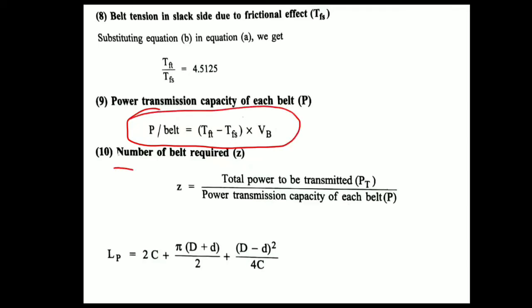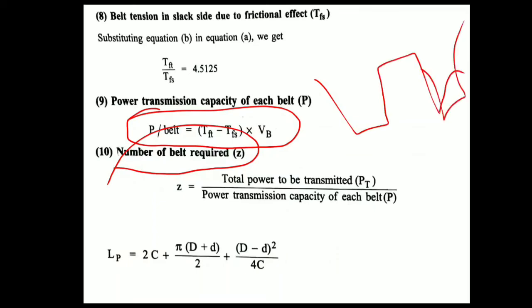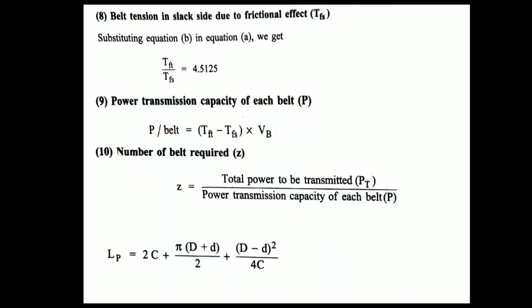Now here an additional term is the number of belts required, because a V shape belt is not made in a single manufacturing process. So we need to join it and then it can be made. Therefore a number of belts are required for joining in case of the V belt drive.